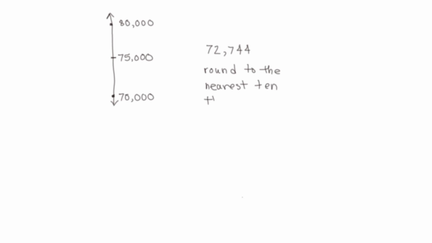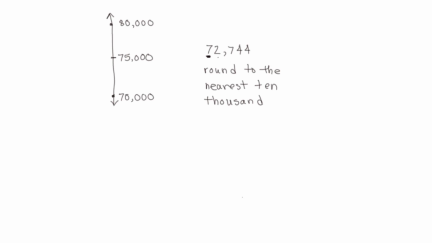Remember, we can round to any digit in the number, so we always have to specify which digit we're rounding to. So we're rounding to the 10,000. So we started our number line with 70,000, since there's 7 10,000s in the number we're rounding to. And the next highest 10,000 would be 80,000.